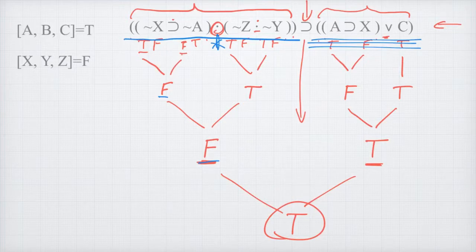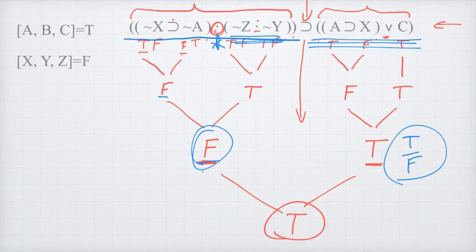So I could already tell, regardless of what was going on over here, that we were going to end up with a false. But let's say I got to this stage. It turns out that if I really know my truth tables, then I know that if the antecedent is false, it doesn't even matter what the value is of the consequent.